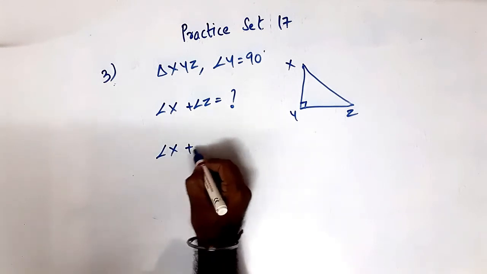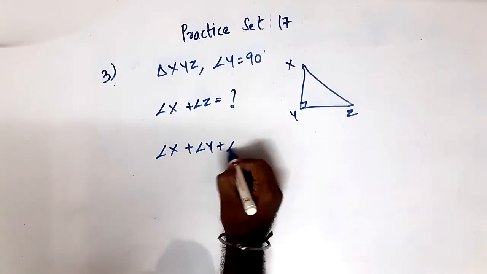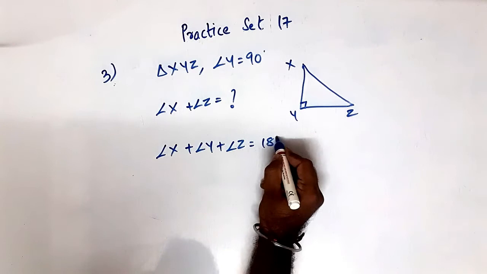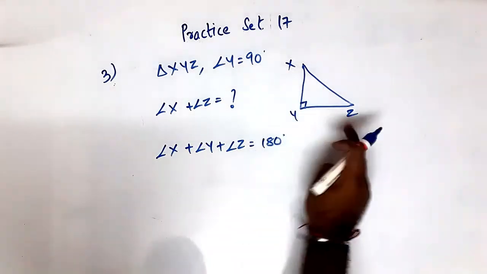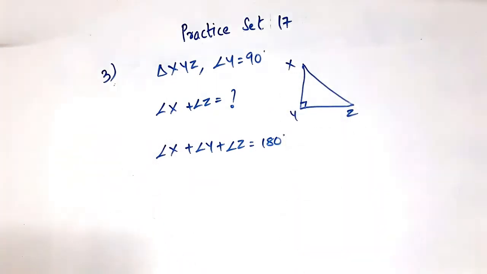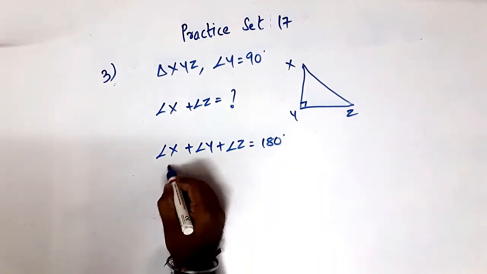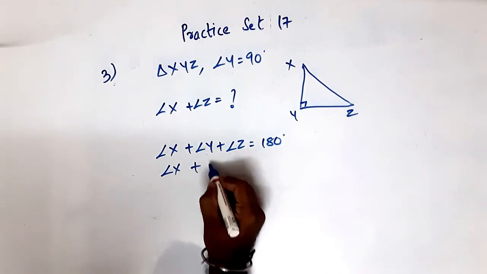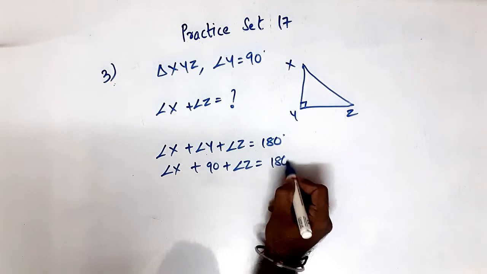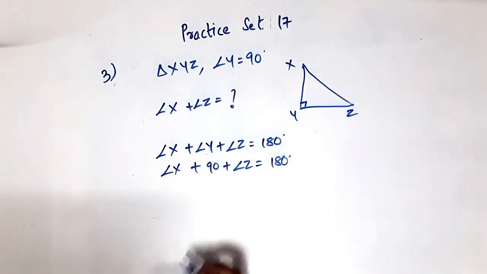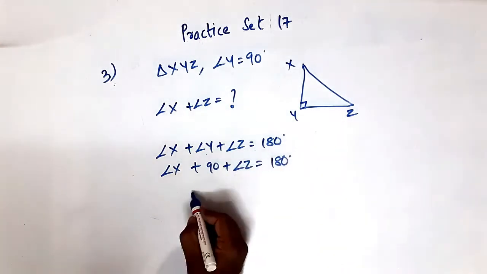We know that the total of all the angles in a triangle is 180 degrees. Yes or no? In a triangle, the total of all three angles is always 180 degrees.